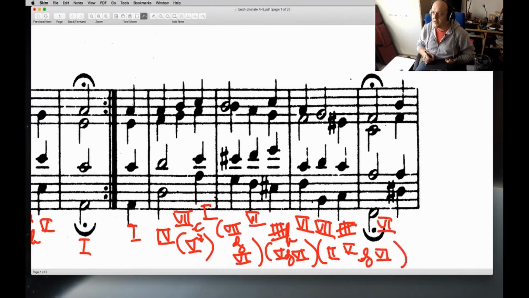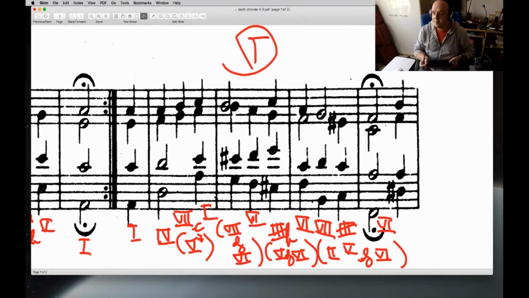So you have a 2, 5 of 6, and this phrase finishes on the relative minor, on F sharp minor. So we're still in the tonic region. This is the relative minor of the tonic region. So we're definitely still in the tonic region.